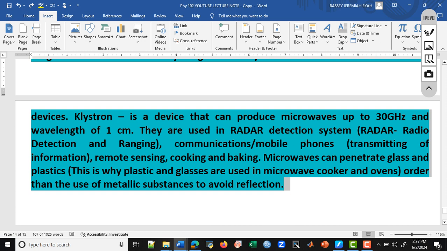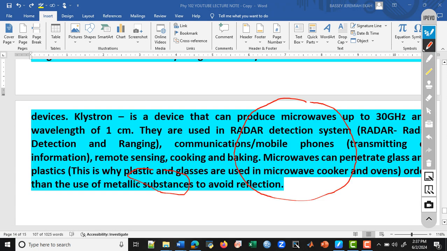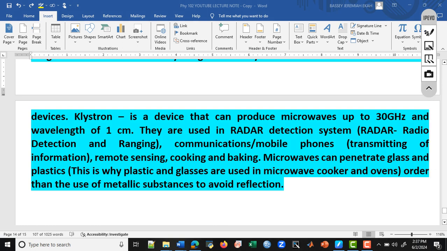This is why plastic and glasses are used in microwave cookers and ovens, other than the use of metallic substances to avoid reflection. So this is the reason why they use glass and plastic, because microwaves can penetrate through them, and metallic substances are being avoided to avoid reflection.